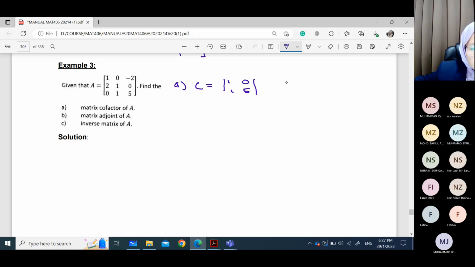C12 first row, second column. This one, kita eliminate for second column and first row. We have 2, 0, 0, 5. Next. This one, last kali, 2, 1, 0, 1.